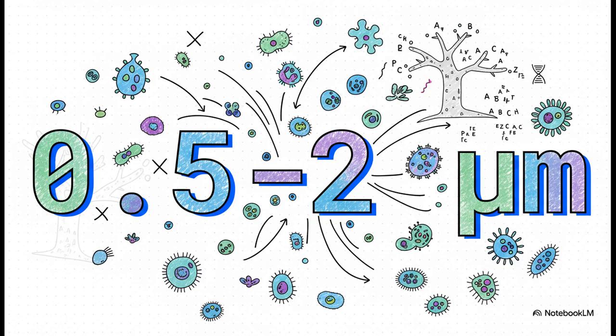We found eukaryotes that are incredibly tiny, literally just 0.5 to 2 micrometers in diameter. That is exactly the size of many prokaryotes. It proved once and for all that visual size and shape are absolutely terrible tools for classification. Some of these tiny organisms actually turned out to be more closely related to you and me than they are to other protists. So the whole Kingdom Protista just had to be abandoned.